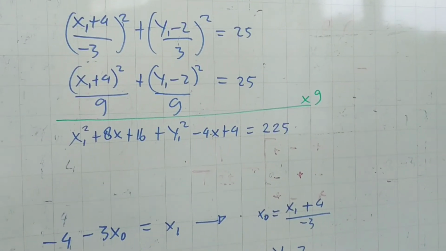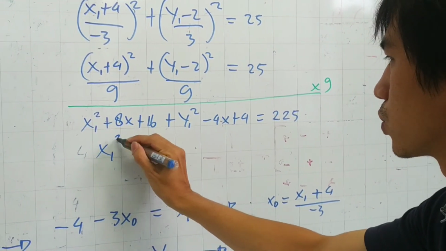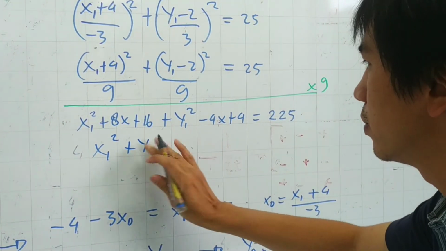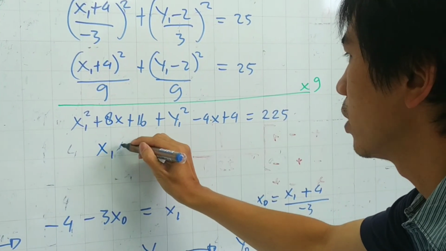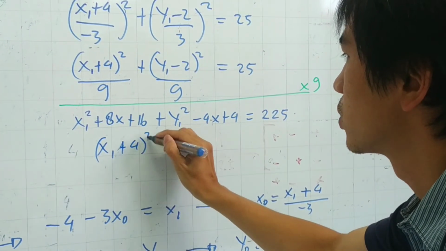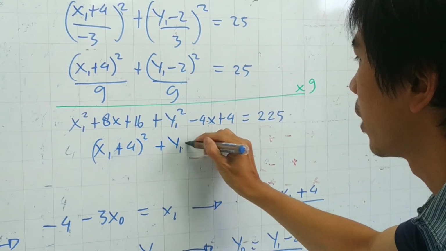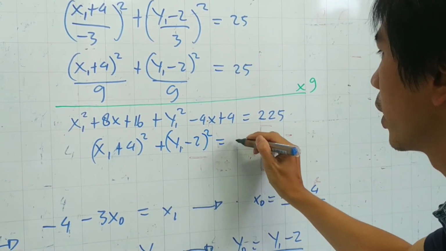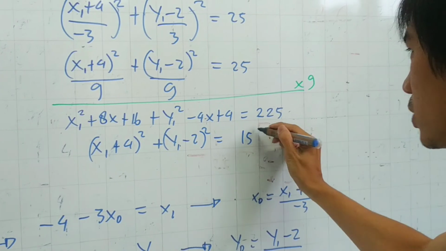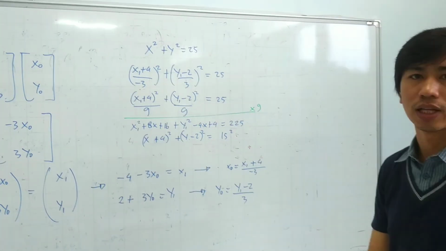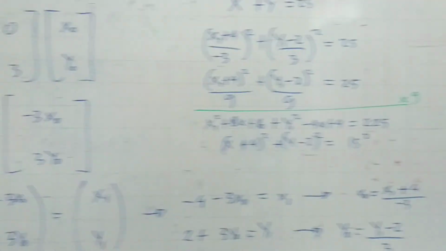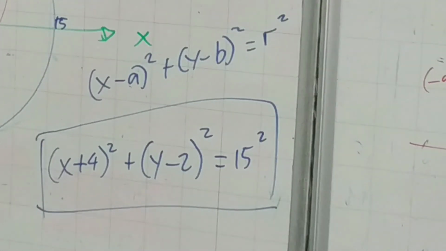Okay, so we can just keep it this way, (x1 plus 4) squared plus (y1 minus 2) squared equal with 225, which is 15 squared. The x1 and y1 is a new equation. Okay? Yeah, so that's how to get the new equations.